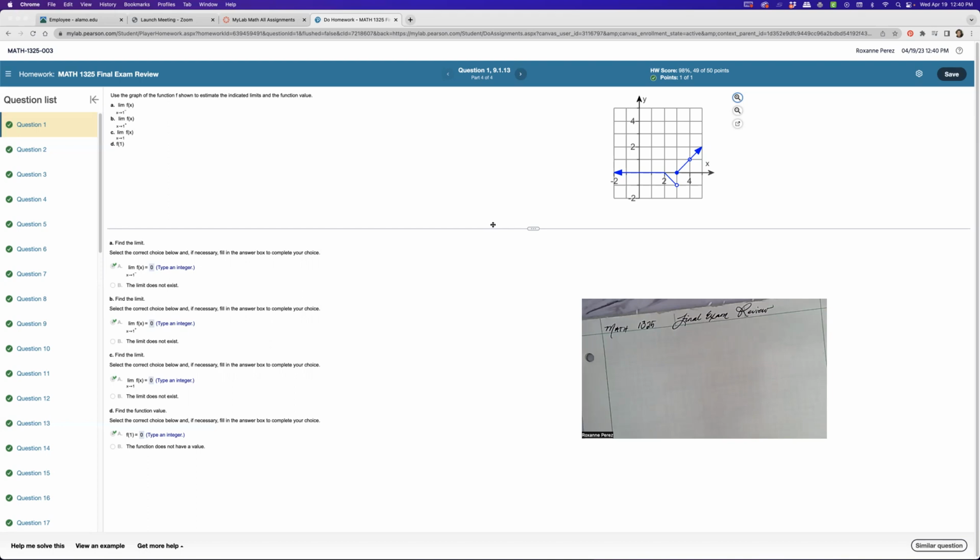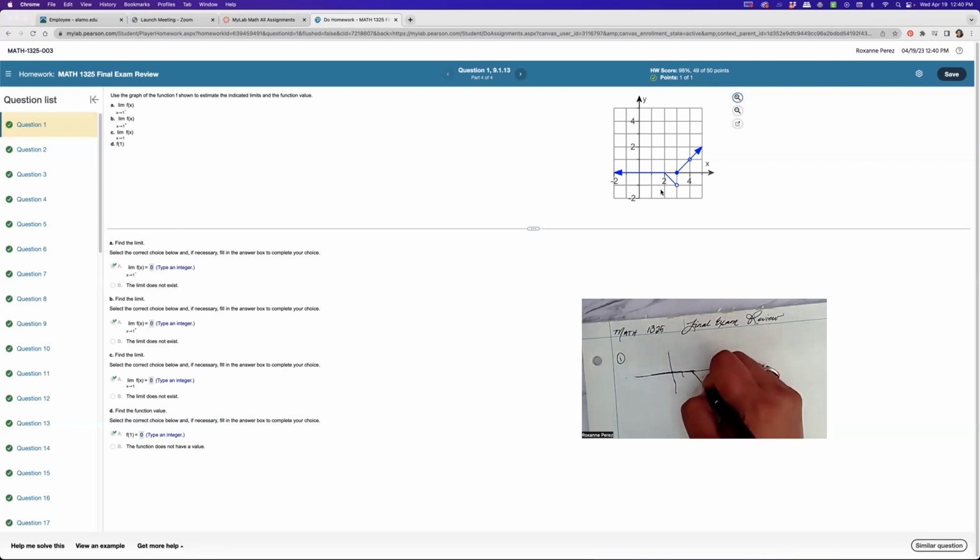So again, this is pretty much interpreting the graph. And if you want to, you can make a quick sketch on your test notes. This is your x-axis. The graph is coming in at 2, 1, 2. It drops down. There's an open circle.